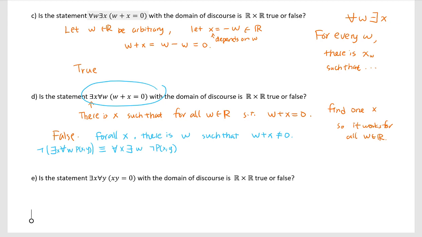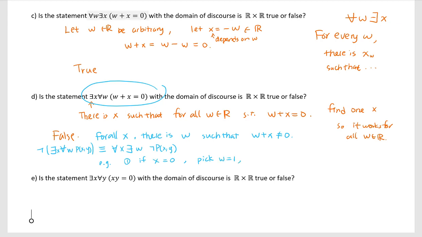How does that work? For each x value, here's one example. We can separate into cases. First case: if x is 0, then we can pick w to be 1.